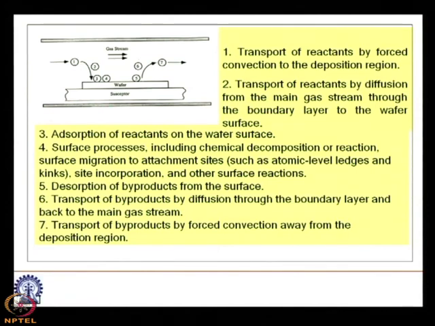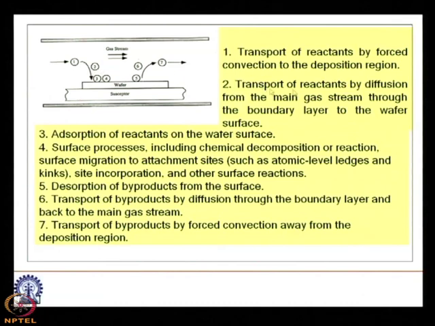So, one is the transport of reactants, in this case the reactant gas is the silane. Who is transporting? Hydrogen, or you can use silane itself if it has sufficient quantity with you, but silane you know that it is a very dangerous gas and very costly also. So, generally we use some hydrogen mixing.